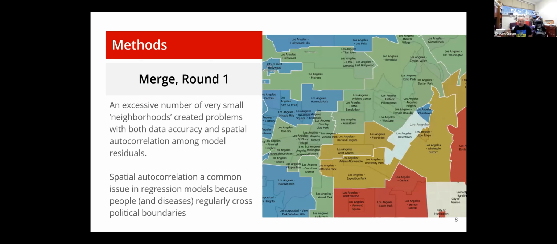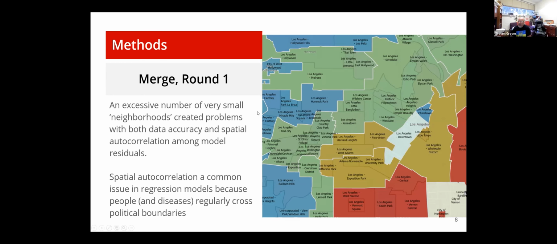What we found, though, is a problem when you're working with LA data so often, which is that 350 was too many neighborhoods, and those neighborhoods were really quite small. And as you know, COVID-19 and other diseases don't respect boundaries, and they spill over quite a bit. And so what we wound up facing problems with was something called spatial autocorrelation.